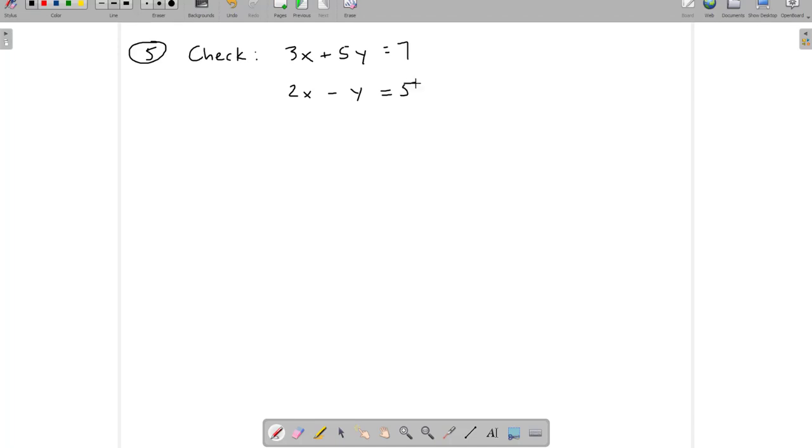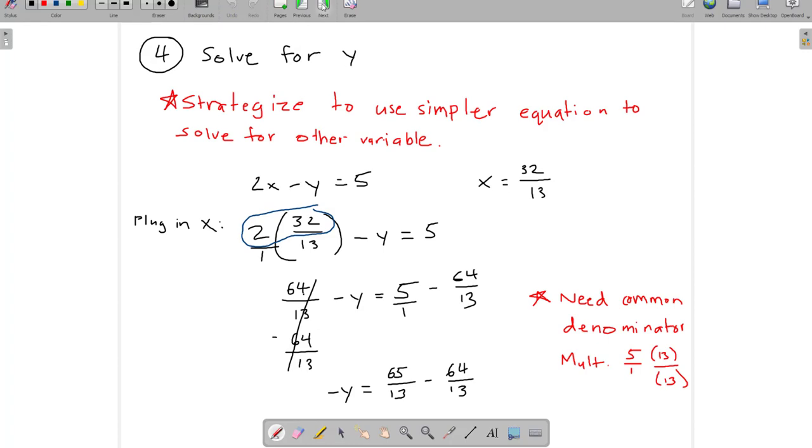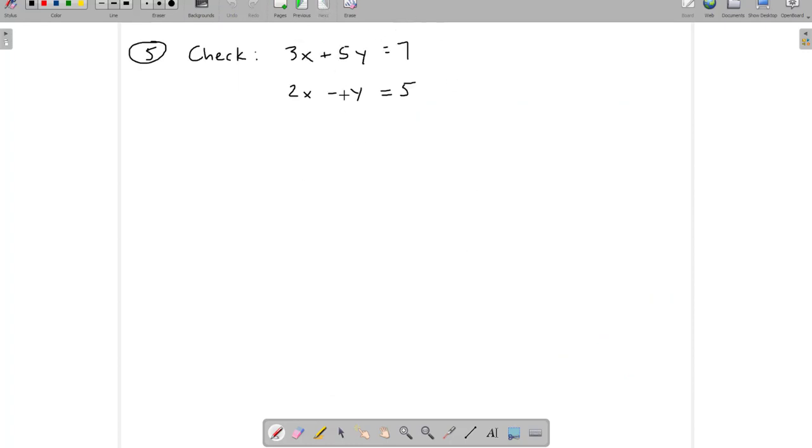It's always a good idea to check, but keep in mind if you're running out of time, then I would probably skip this step. But if you've got time, it's a good idea to go back and check to make sure you did it correctly. So we have our solution is x equals 32 over 13, and y equals negative 1 over 13. I believe, let me double check that, yes, okay.